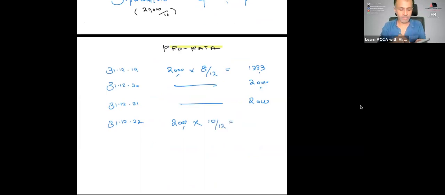So 2,000 multiplied by 10 divided by 12, that's going to be 1667. That's pro rata. Exact number of months to be used in the year the asset was being held for use, both in the year of acquisition and in the year of disposal. This needs to be respected.